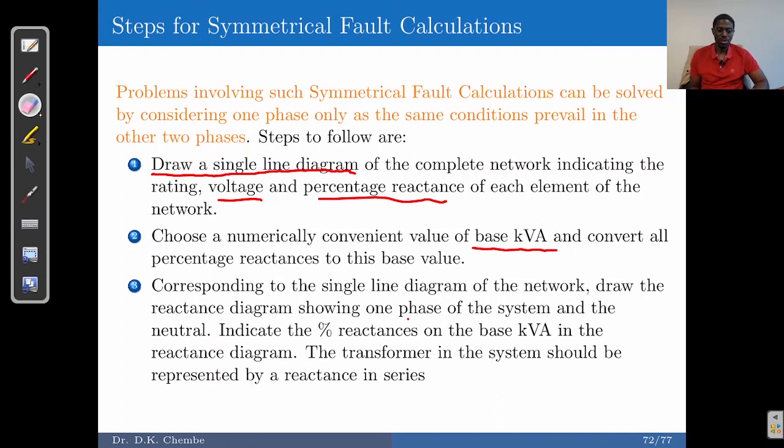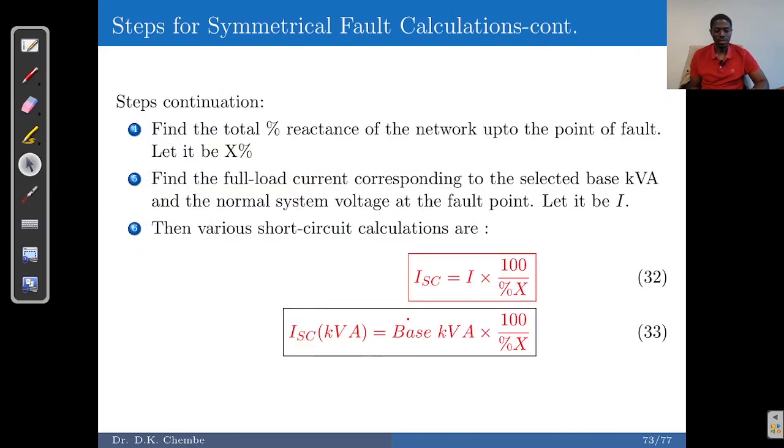That will assist you to now calculate the short circuit current. Additionally, you have to find the total reactance of the network up to the point of the fault, and let that be the total percentage reactance. And then you find the full load current I using the selected base KVA.